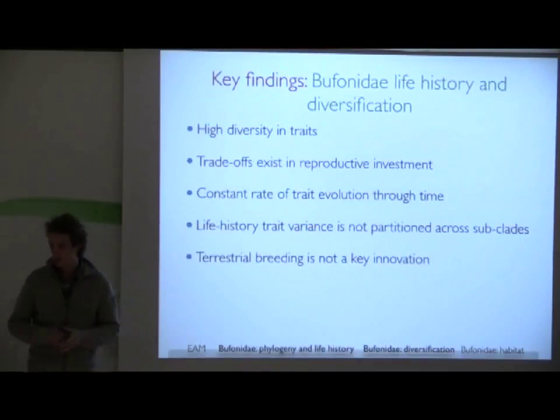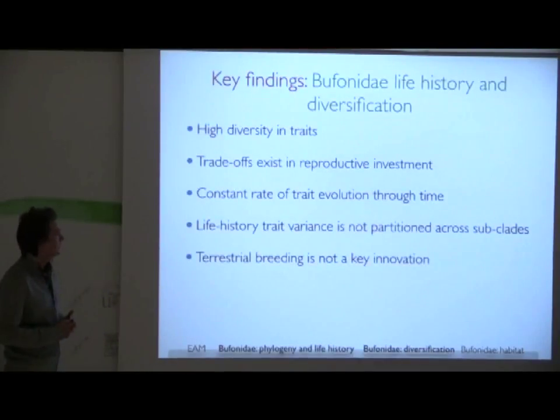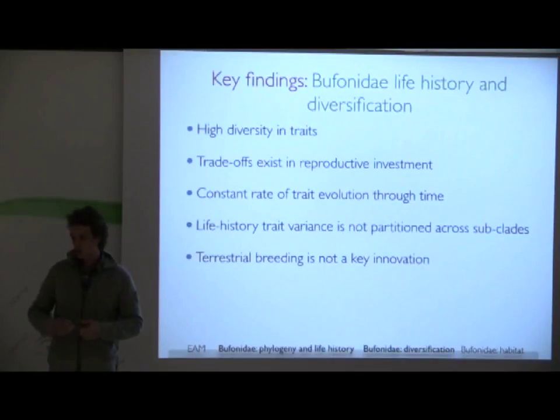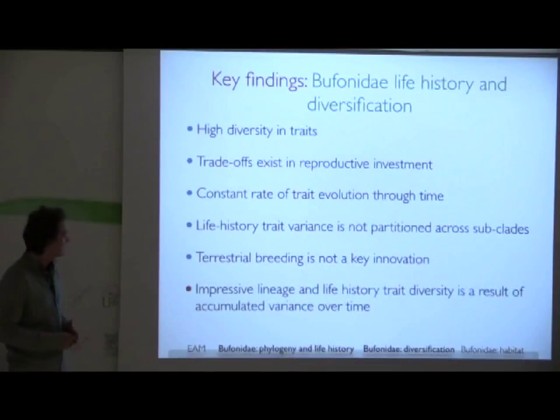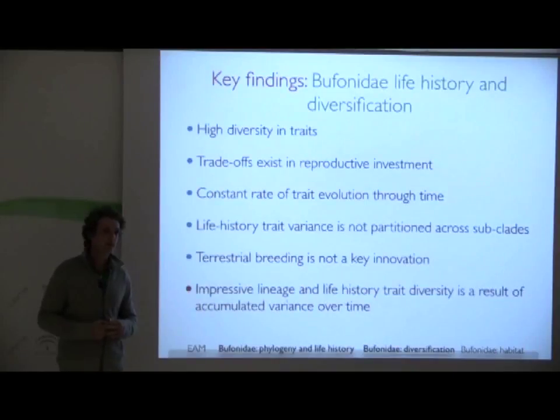And finally, there was no indication to suggest terrestrial breeding is a key innovation. So that's quite interesting in itself, because that all seems to suggest that this impressive lineage and life history trait diversity is all a result of accumulation of variance over time. So that's very different to what we're generally exposed to from model systems like Anolis or the Great Lake cichlids.